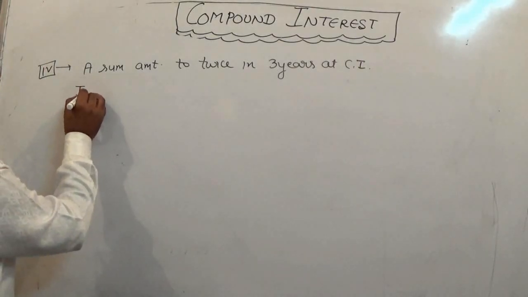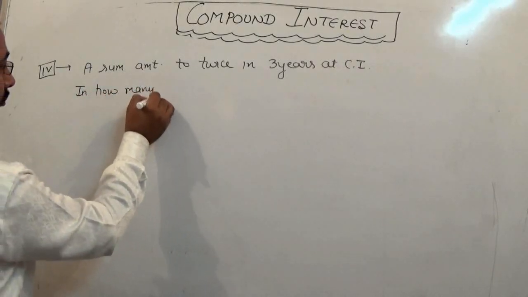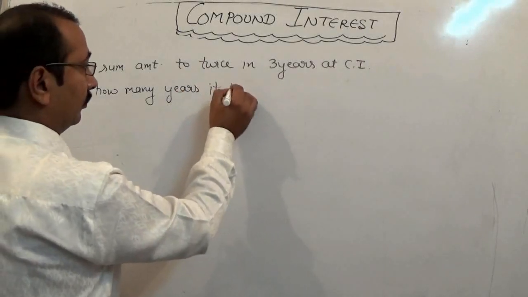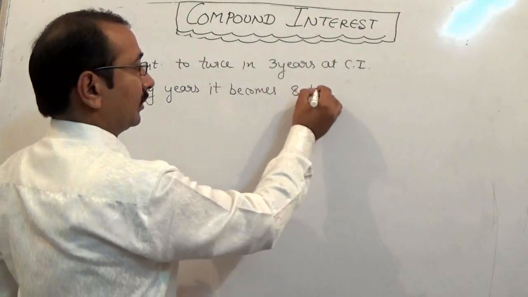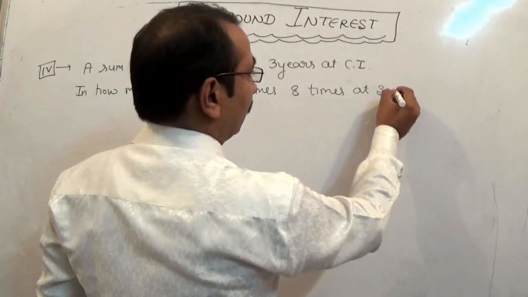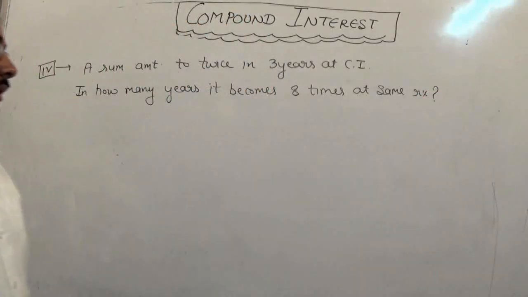In how many years does it become 8 times at the same rate of interest? The question is, in how many years does it become 8 times at the same rate of interest?